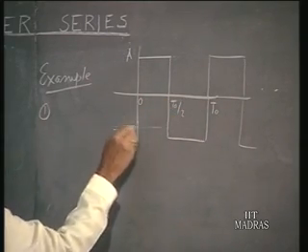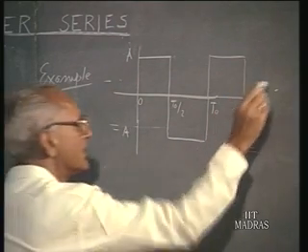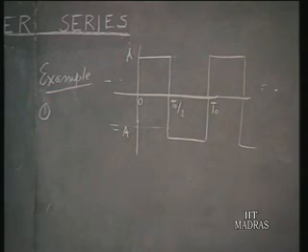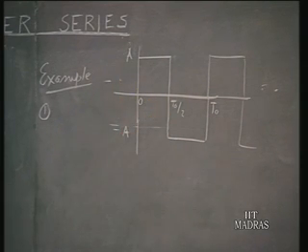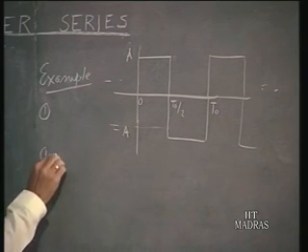Of course, it repeats itself in the negative time also, like this. And we are asked to find its Fourier series expansion. We can see straight away that the positive half cycle and negative half cycle have equal areas, they cancel each other out. Therefore, the average of this function f of t over a complete period is 0. Therefore, a naught is 0.